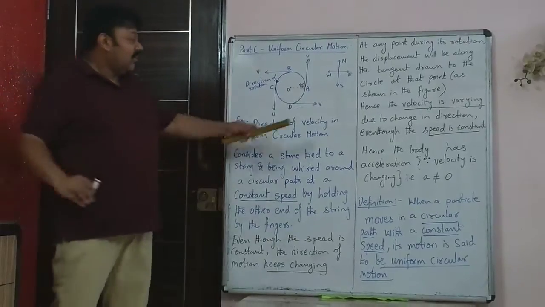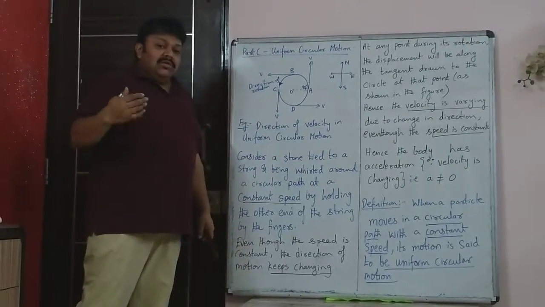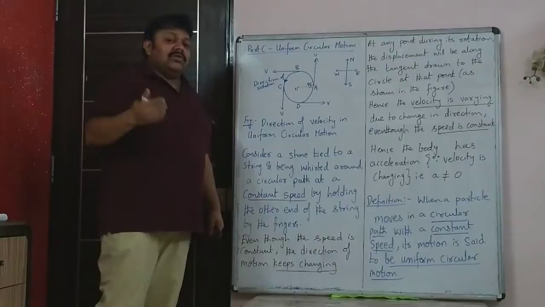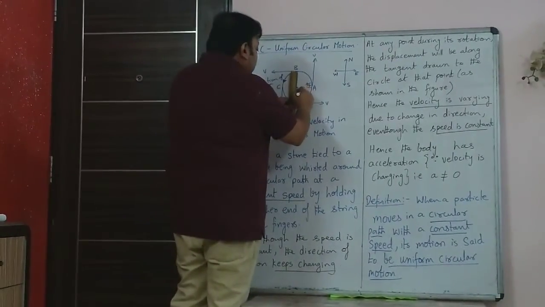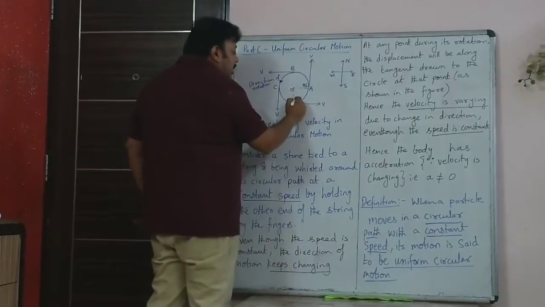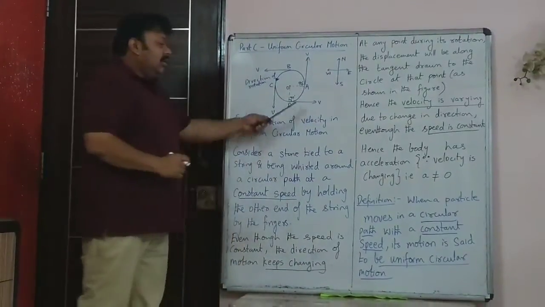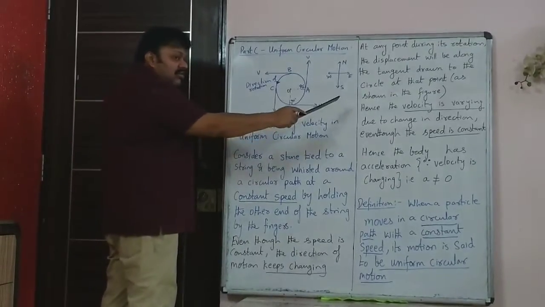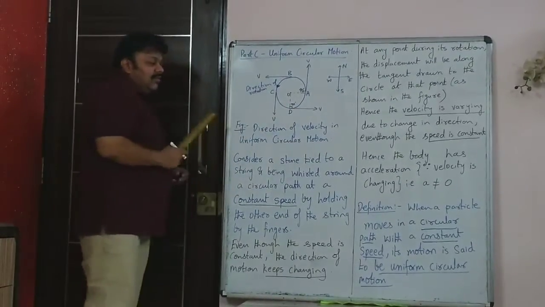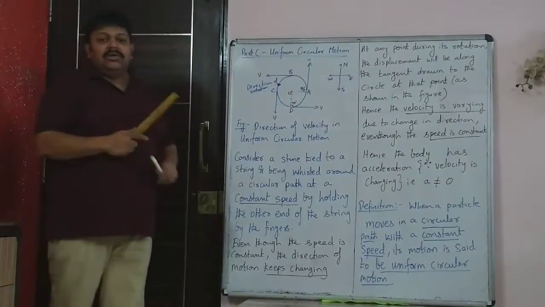That V stands for velocity, because change in displacement is what causes change in velocity. So at D it is along the tangent drawn to the circle at that particular point, and the rotation is like this, so the stone will fly in that direction. So direction is changing.